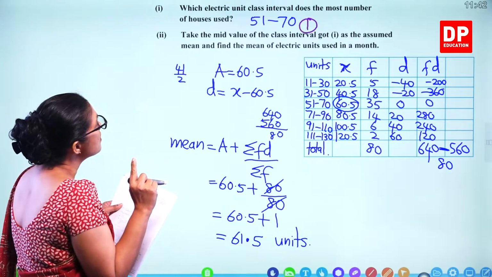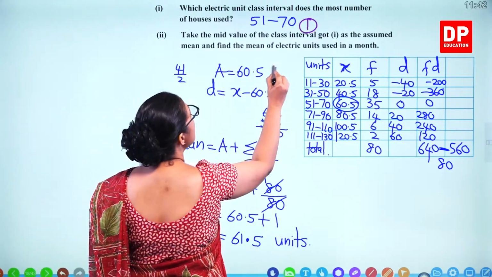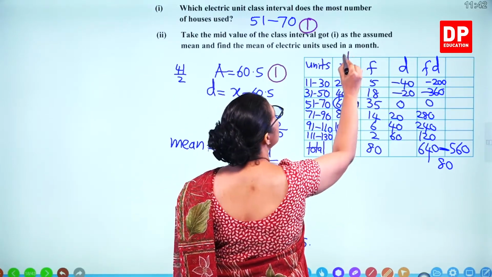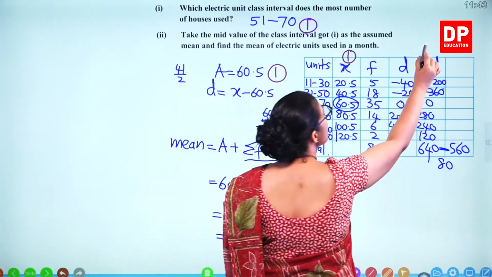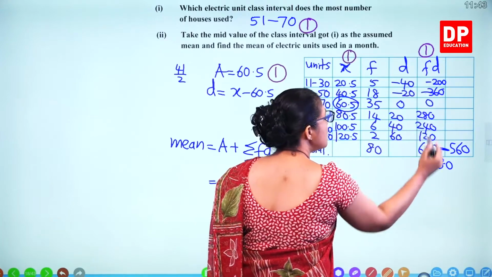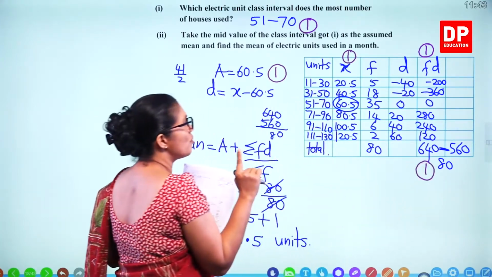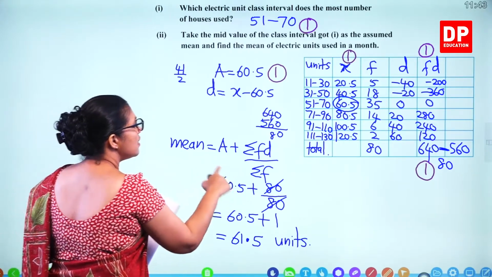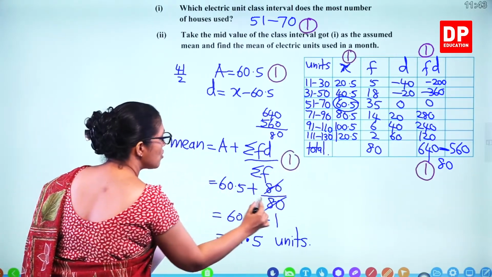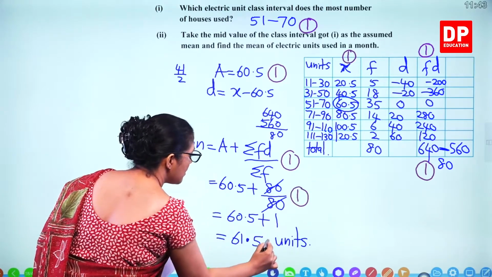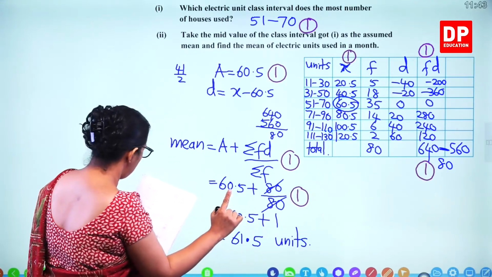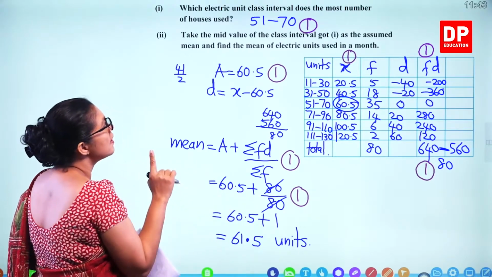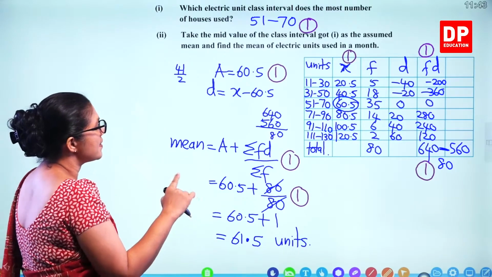So you have to select the assumed mean properly, that's 1 mark. Finding the x value is 1 mark. Sigma FD and the FD column, here 2 marks. 1, 2, 3, 4, 5, 6 for the equation, 7 marks for that.